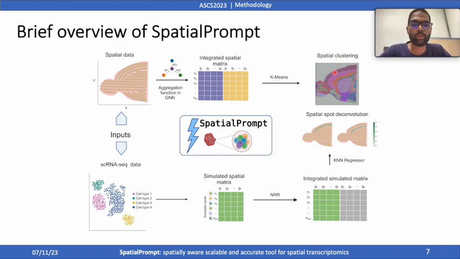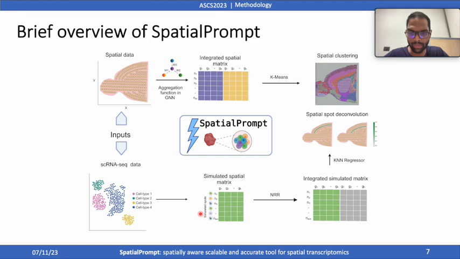For domain identification, the tool only requires the spatial data with the X and Y coordinates, and it will calculate this integrated spatial matrix. Then by using a simple clustering technique, like k-means, we get the spatially aware domains. For spot deconvolution, it requires this reference scRNA-seq data.